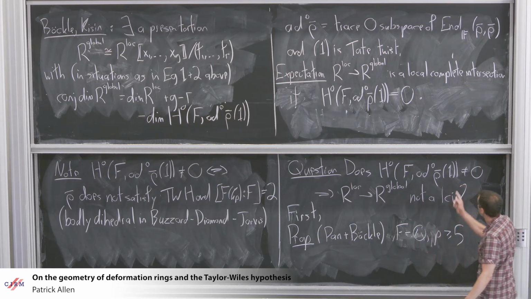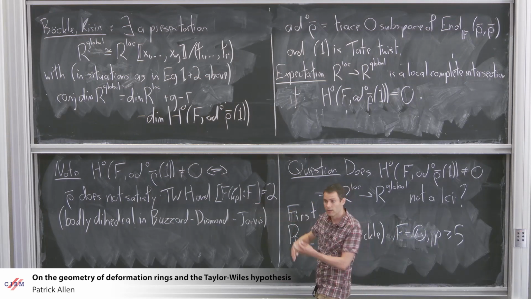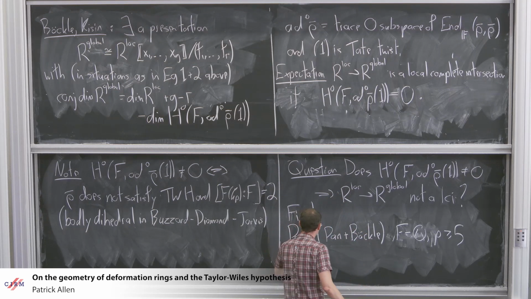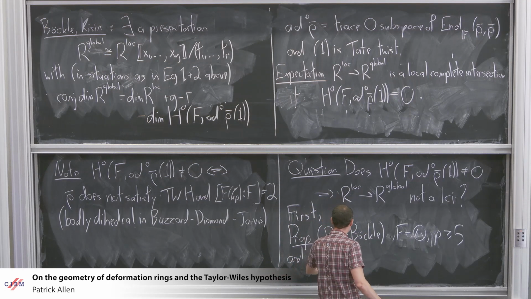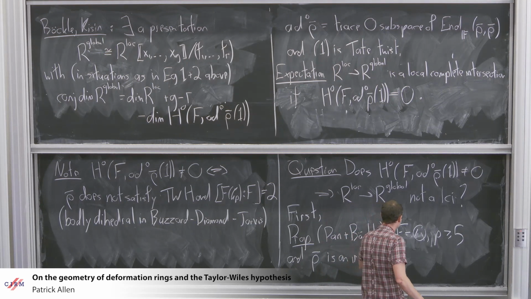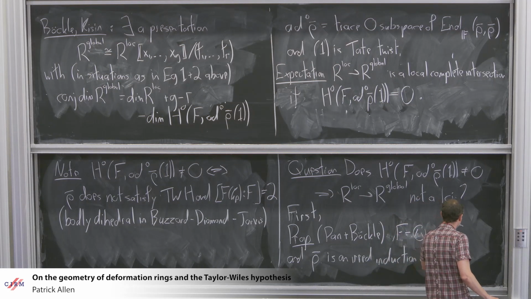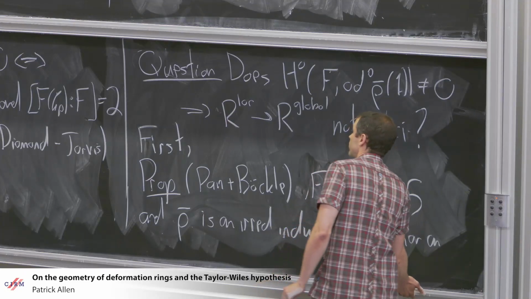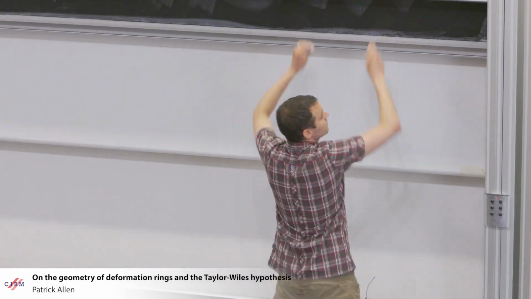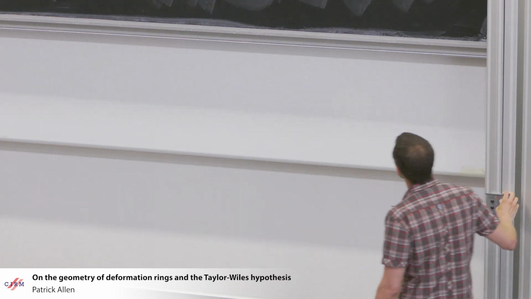So in particular, this does not hold in this situation. And rho bar is an irreducible induction of a character on the quadratic subextension of Q into Q zeta p.